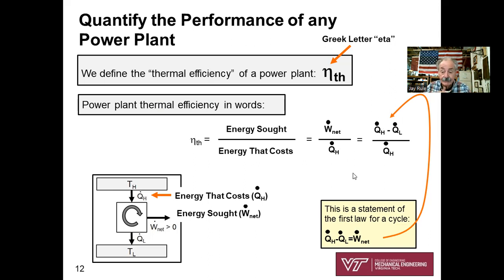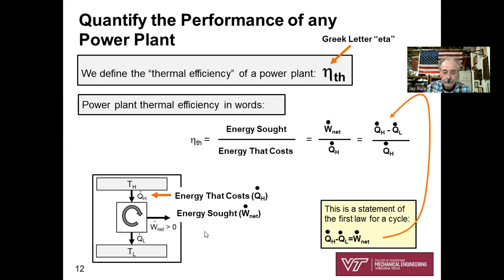Don't feel obligated to do it my way. However, I found that if I remember some words, I can generate this formula. What's the first law for a system operating a cycle? W dot is Q dot H minus Q dot L. That's the way I got it.